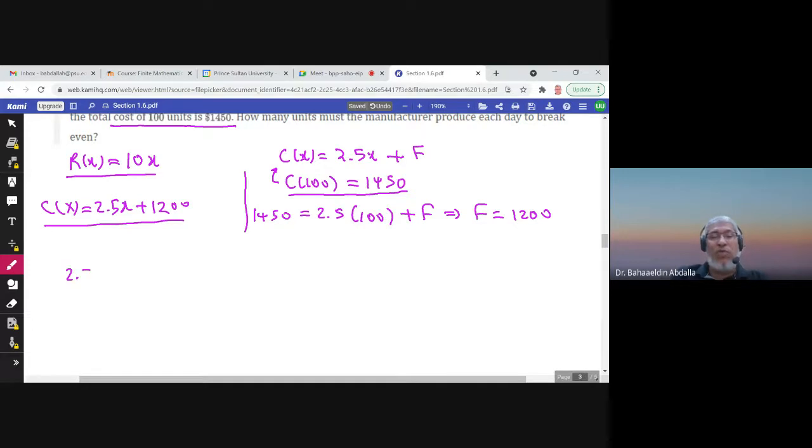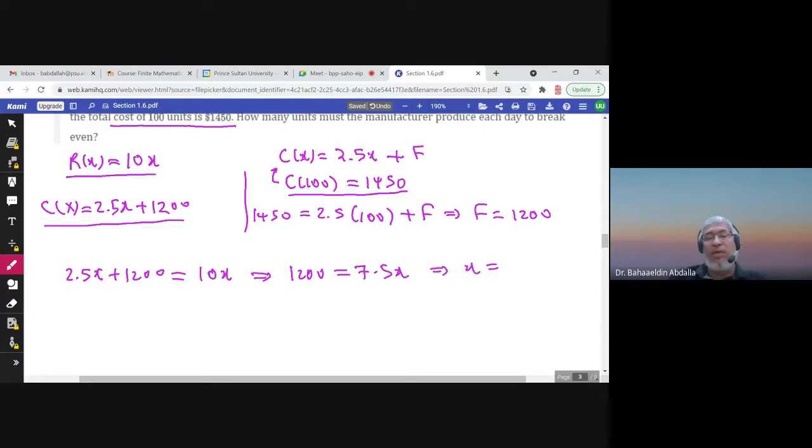So 2.5x plus 1,200, this is the cost, should be equal to the revenue, which is 10x. If you bring 2.5x here, we will have 1,200 equals 10x minus 2.5x. So 10 minus 2.5 is just 7.5.